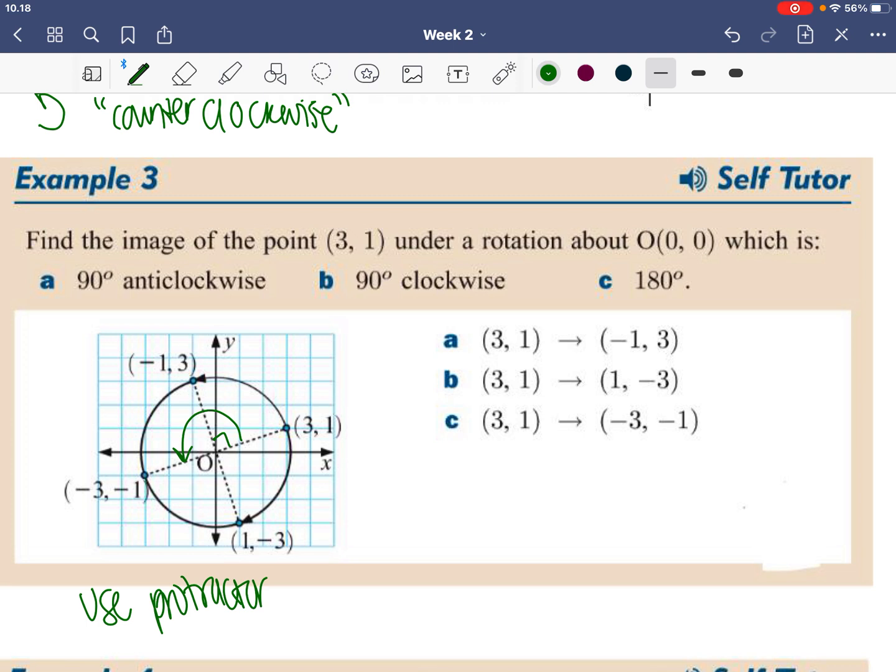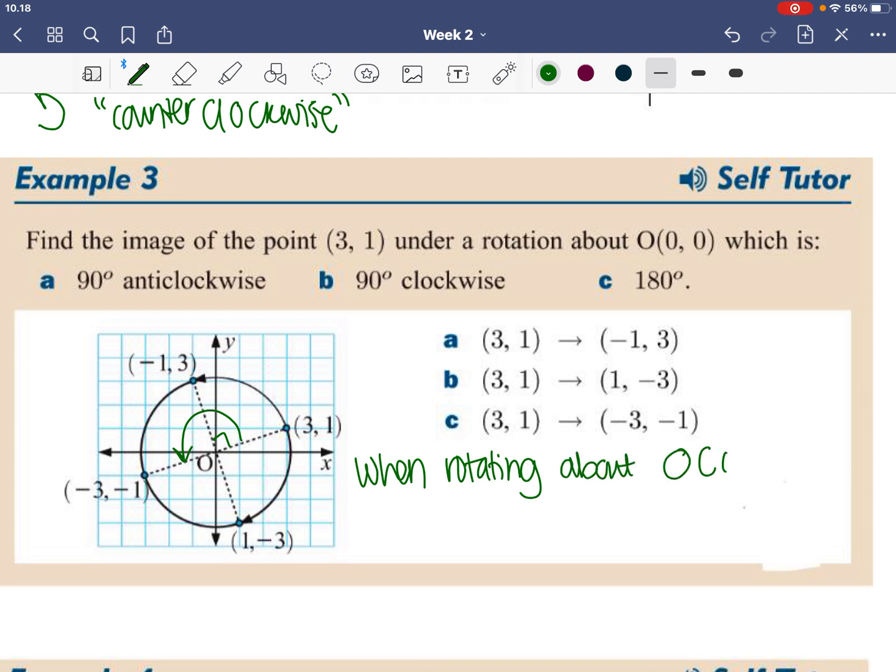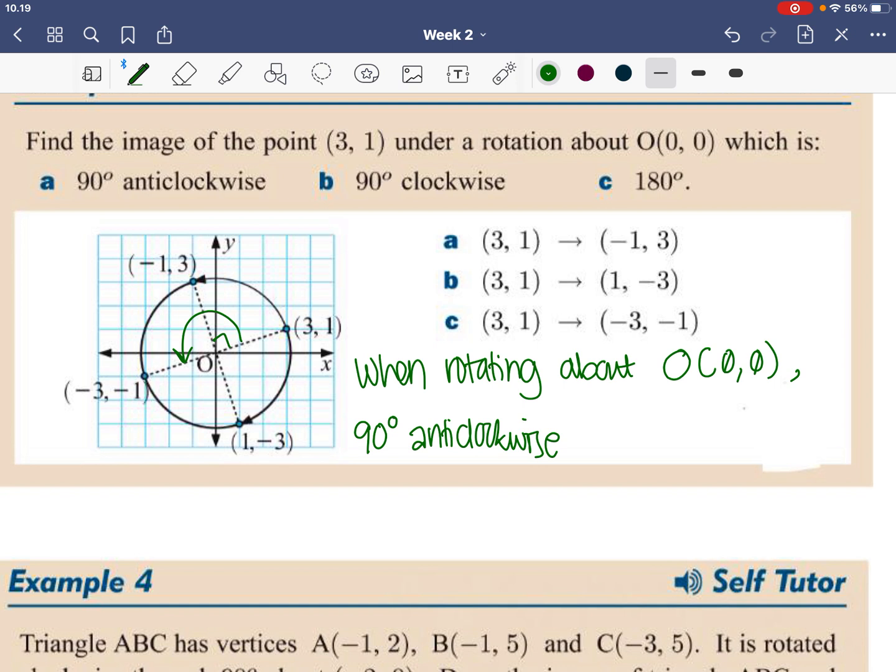So this is notes here. When rotating about the origin, and if you're rotating 90 degrees anti-clockwise, so for example, this is your object here.